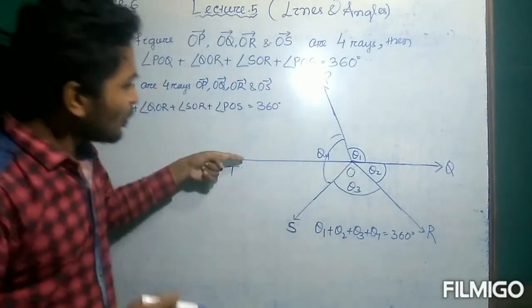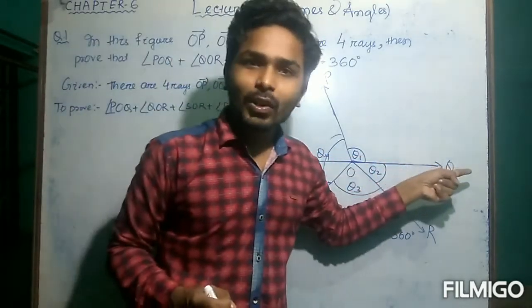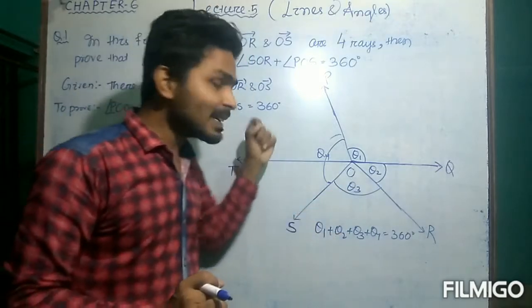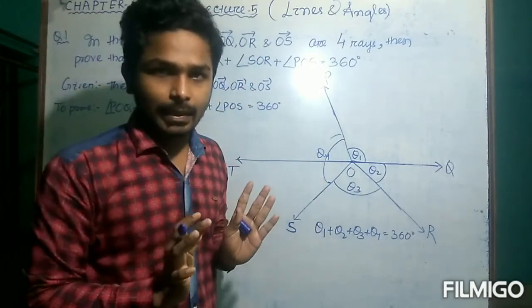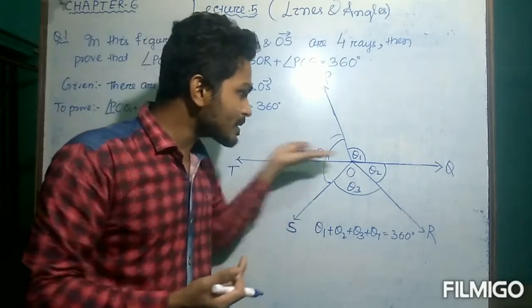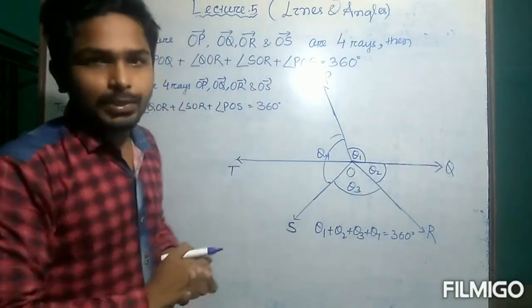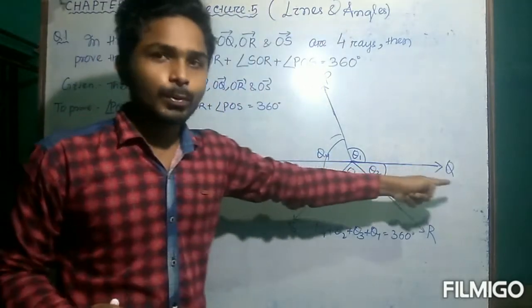Now what do you find? Is TQ a straight line or not? Yes, it is a straight line. So our basic reason behind extending OT is to form a straight line. That's why we extend this ray OQ in this direction OT, so that we get a straight line TQ.